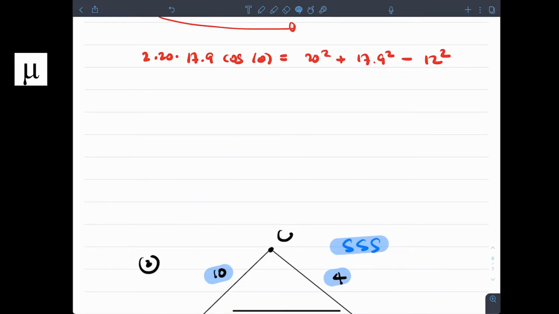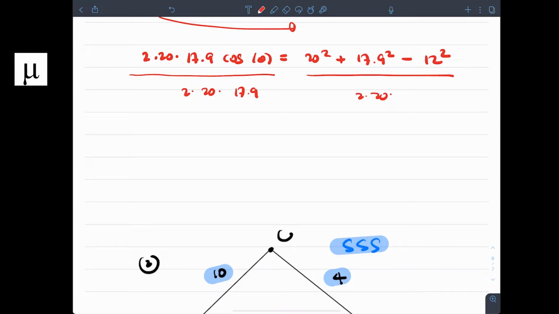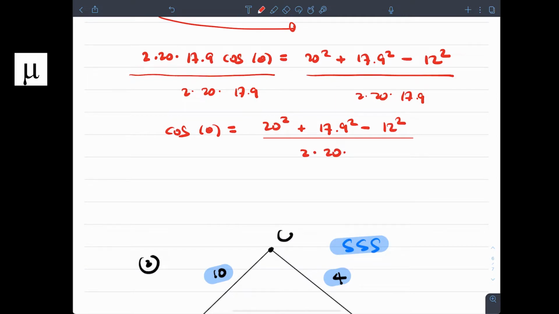Now divide both sides by what? 2 times 20 times 17.9. And you now have what? Cosine theta is 20 squared plus 17.9 squared minus 12 squared over 2 times 20 times 17.9.